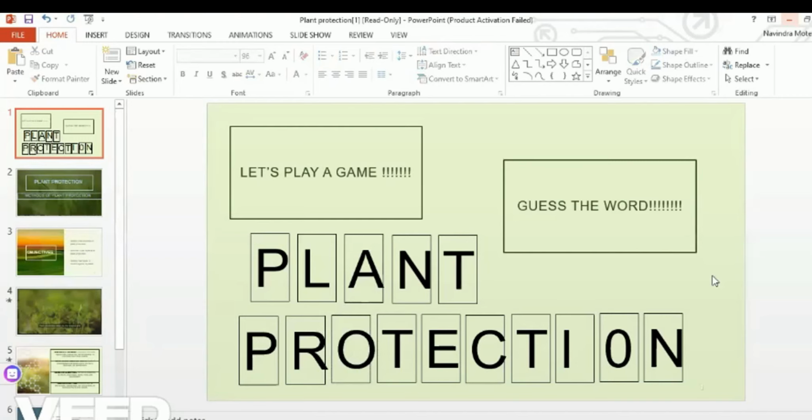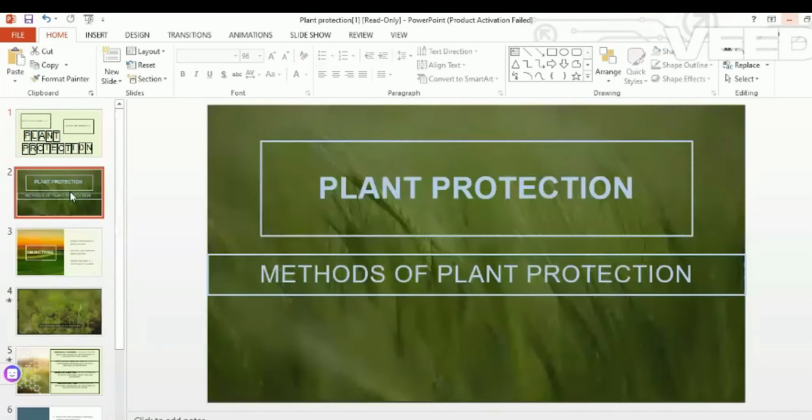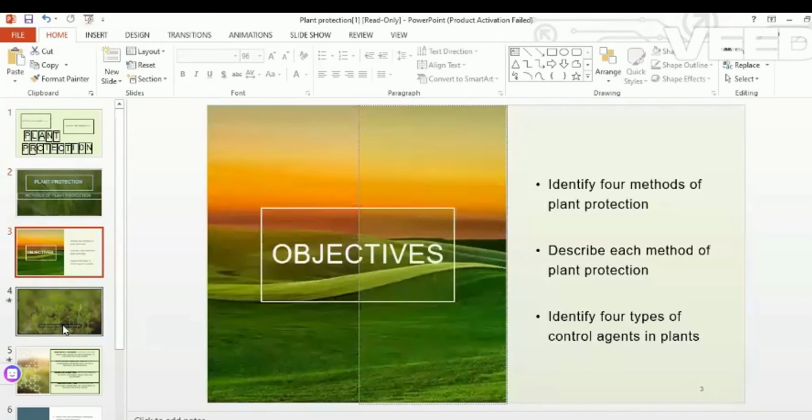So good. Today's topic is plant protection. And the subtopic is methods of plant protection. So here are the objectives. We have three objectives.